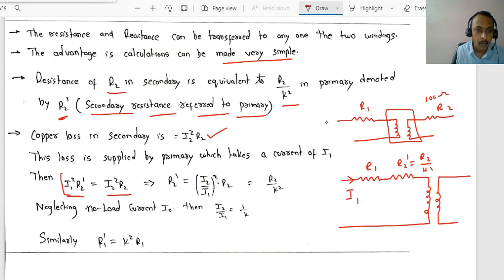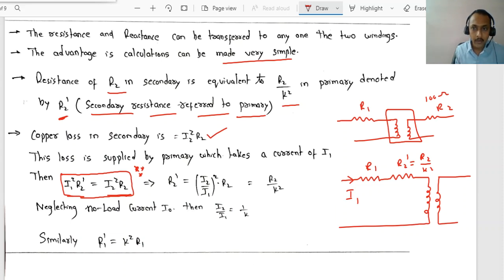This is very important for the entire derivation. In this entire equivalent circuit concept, this is the major key point. Even though you transfer from secondary to primary side or primary to secondary side, the losses must be the same. Based on that point, we will get this derivation.